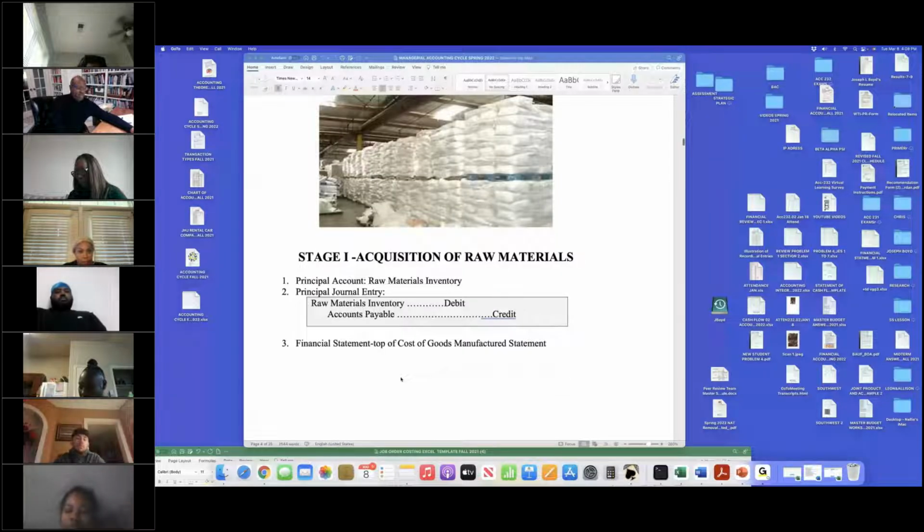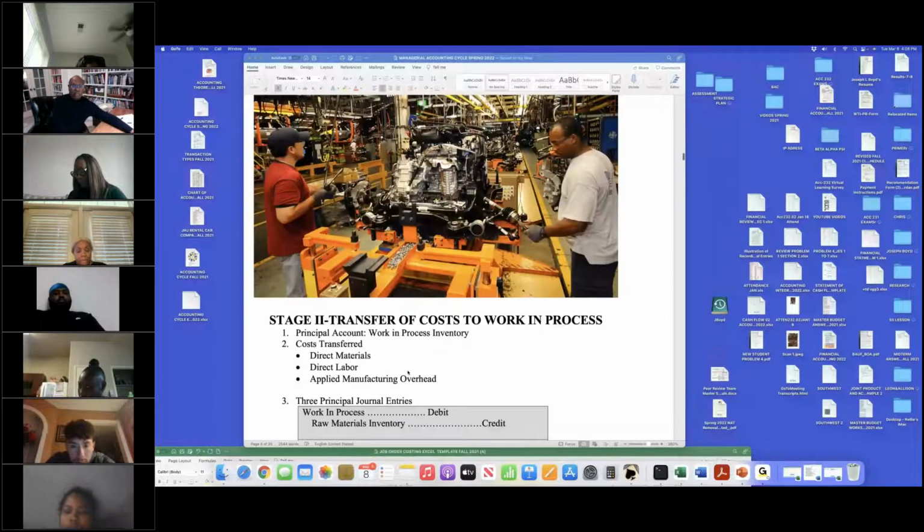In stage two, we're ready to make the item. So we bring the raw materials, combine those with the workers, and apply overhead. That is, we got the raw materials, we got the workers, then we got all of this other stuff, this building, these lights, utilities, all of those things. And so we make these journal entries.